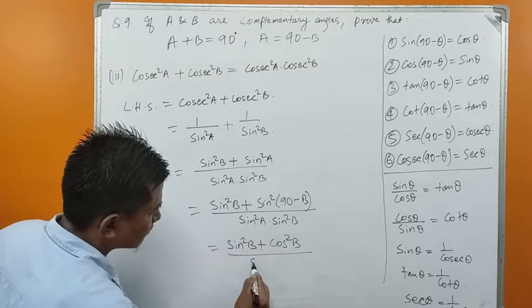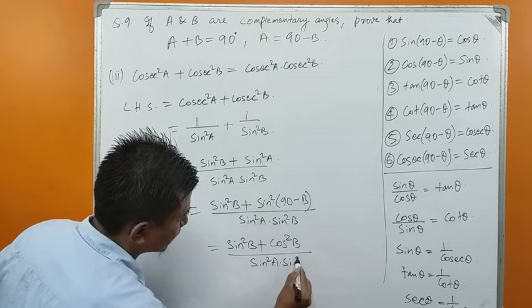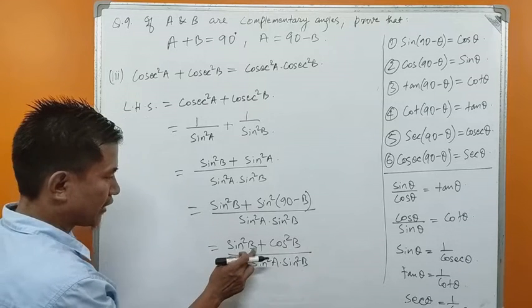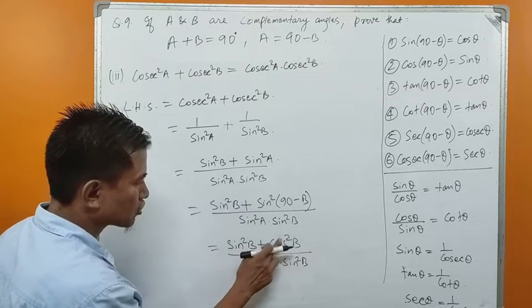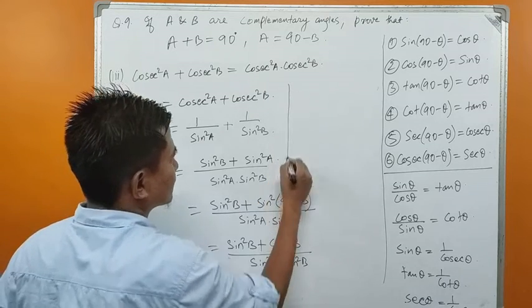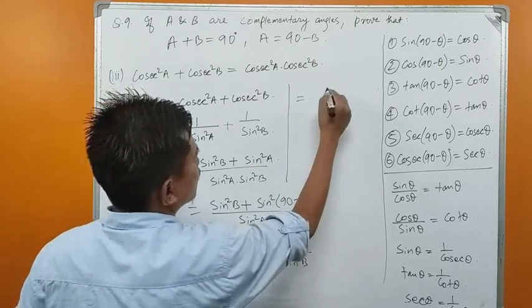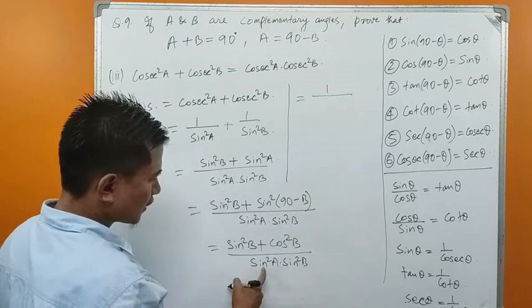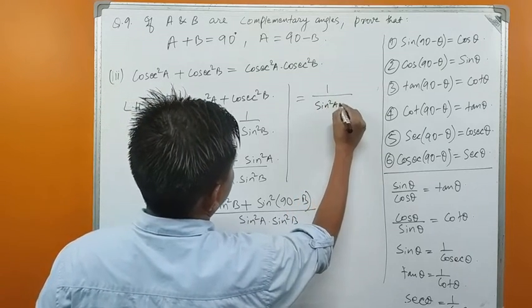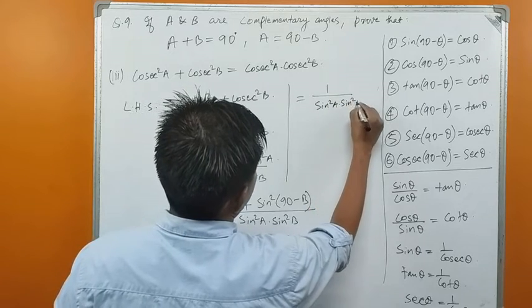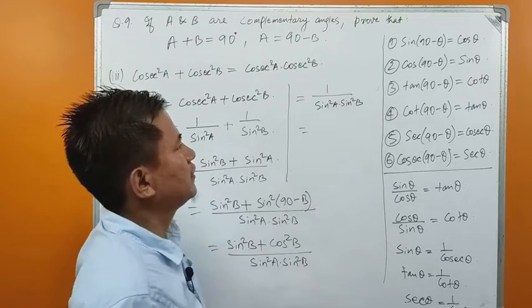In the denominator we have sin square A into sin square B. Now the angles are same, B and B. So sin square theta plus cos square theta, isn't it? Angles are same, so this gives us sin square B plus cos square B, which means 1 upon sin square A into sin square B. Now let us take this sin square A, sin square B to the numerator.